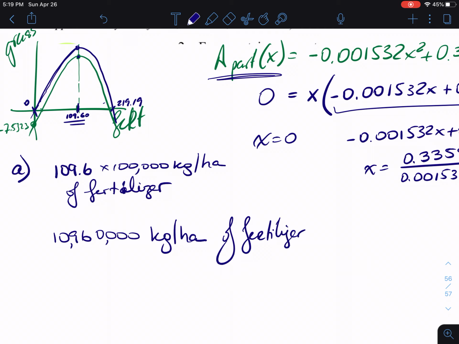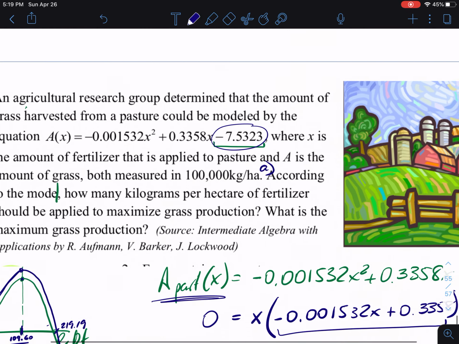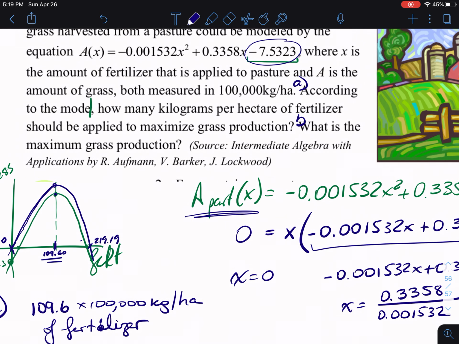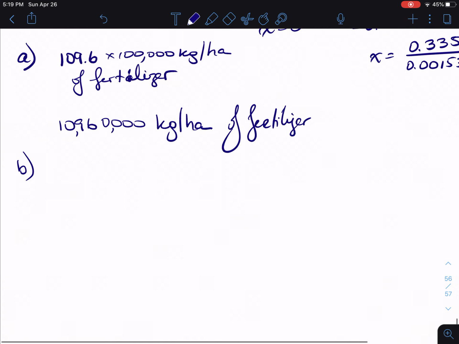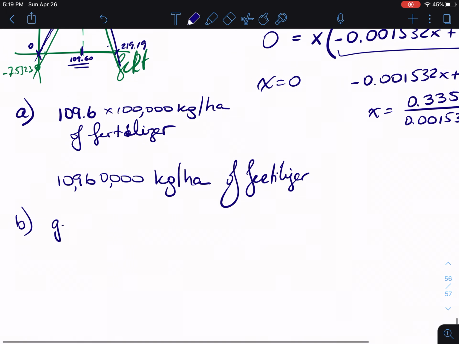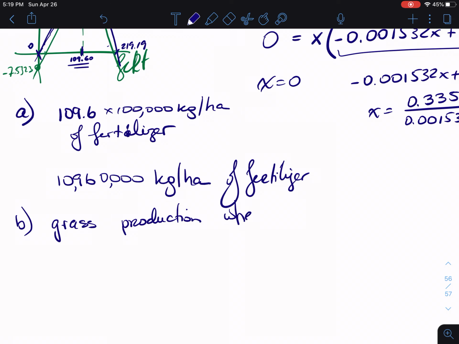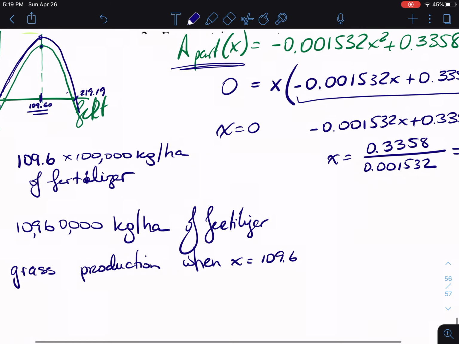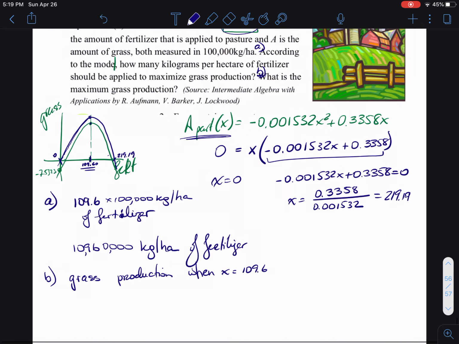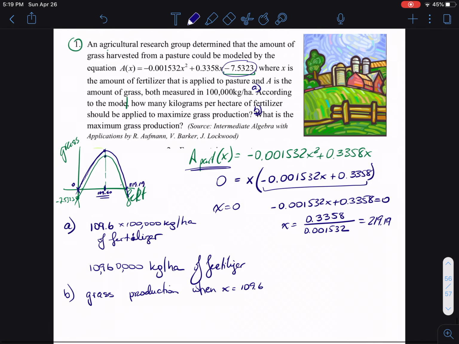Okay, now, what was part B? Part B said, what is the maximum grass production? So it's the grass production when x equals 109.6. And what we would need to do is figure out what a of 109.6 is.